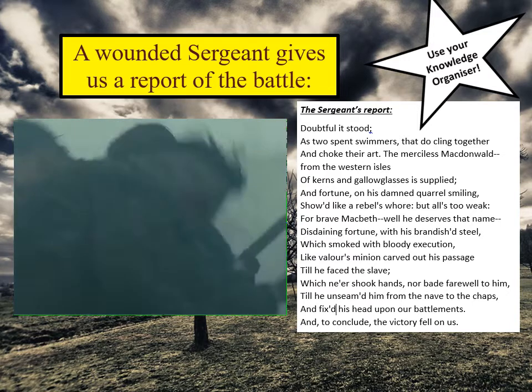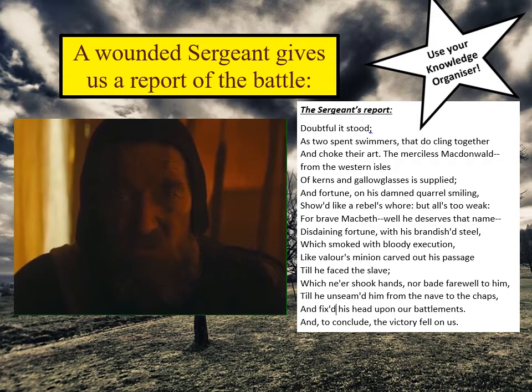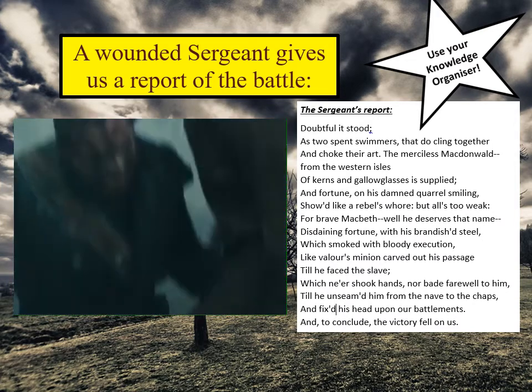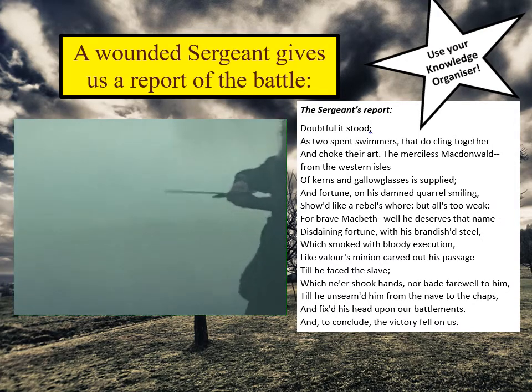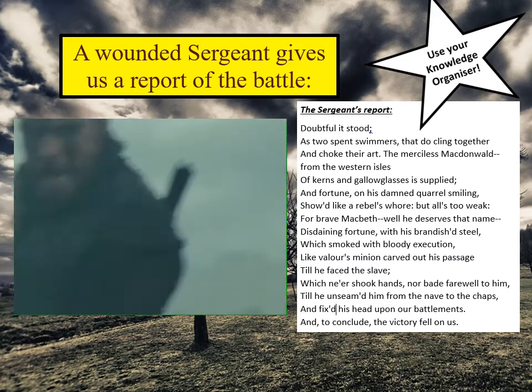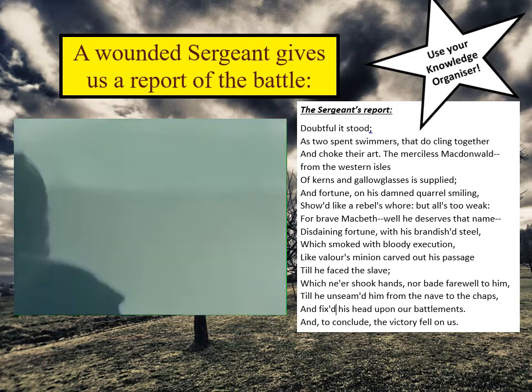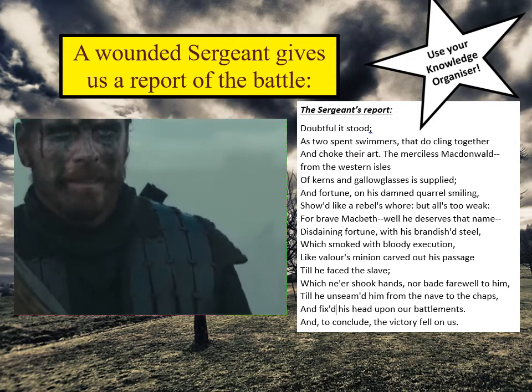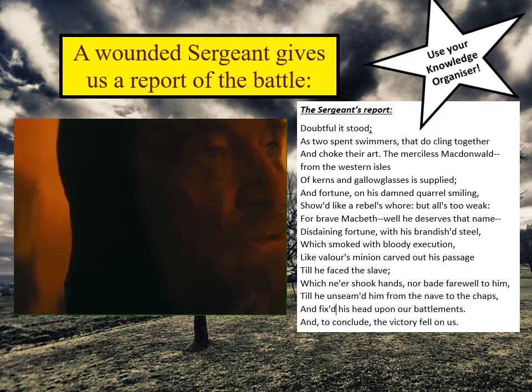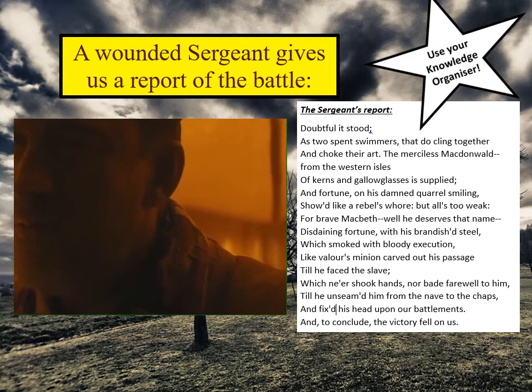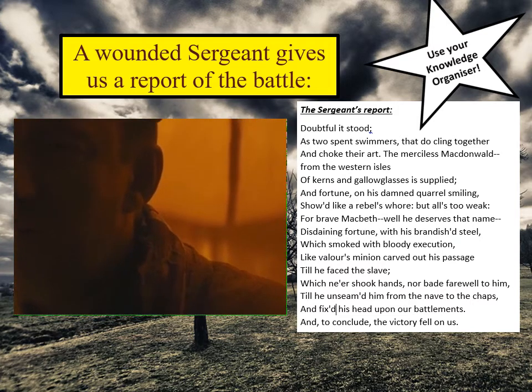Doubtful it stood, as two spent swimmers that do cling together and choke their art. The merciless MacDonald from the western isles of kerns and gallowglasses is supplied, and fortune on his damned quarrel smiling, showed like a rebel's whore. But all too weak for brave Macbeth.